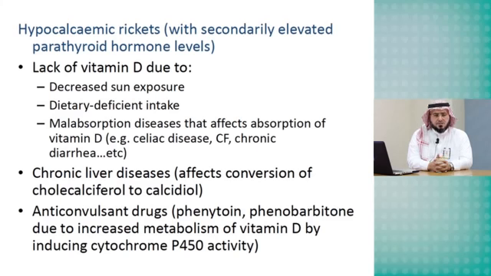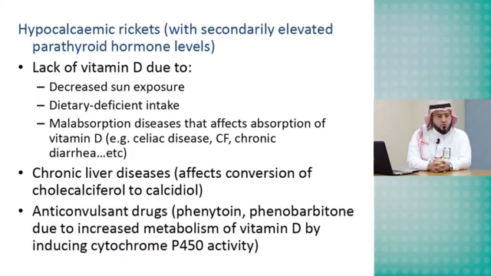Why does chronic liver disease affect rickets? As we mentioned in the metabolism, 25-hydroxylation of cholecalciferol happens in the liver. So any disease affecting the liver synthesis mechanism will lead to vitamin D deficiency. Another important entity is chronic renal failure and renal tubular acidosis.